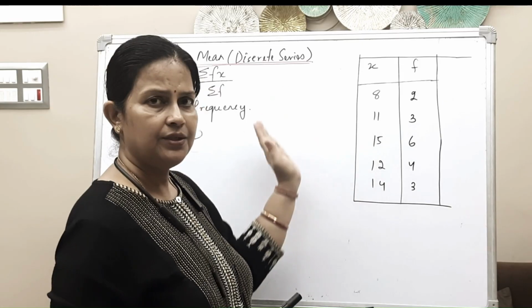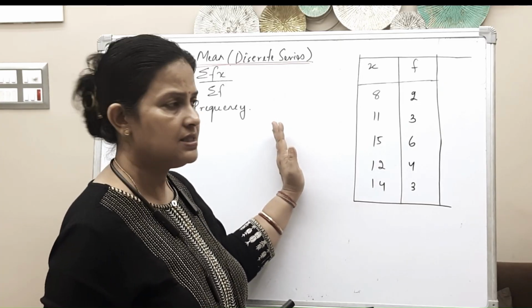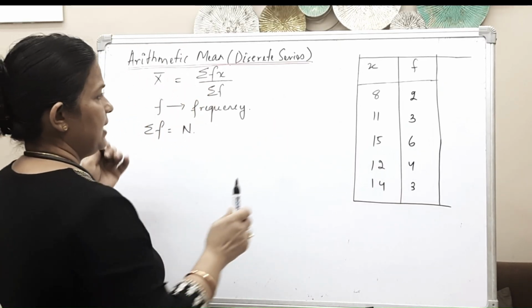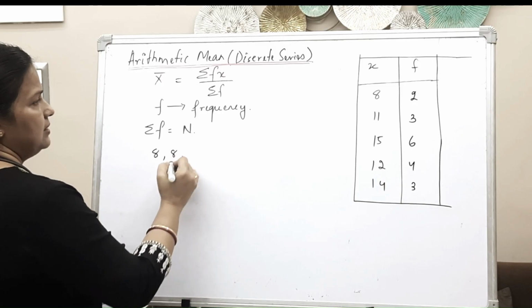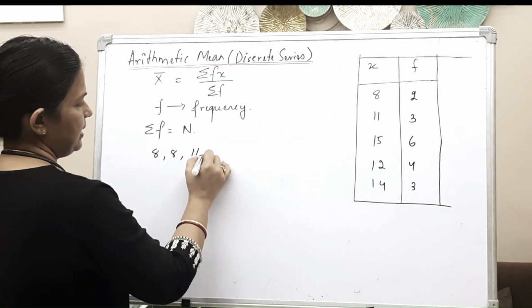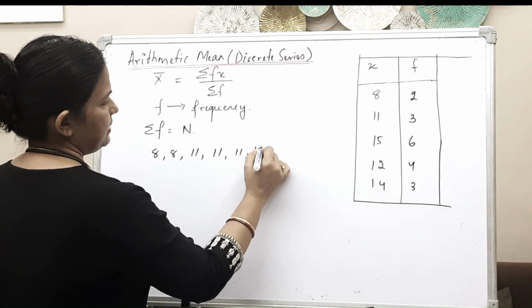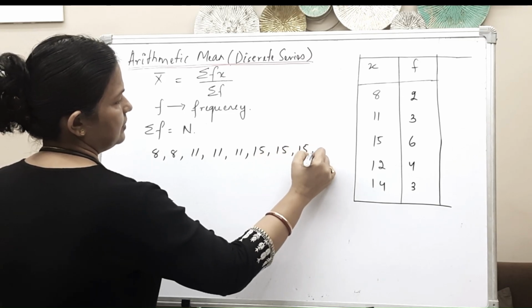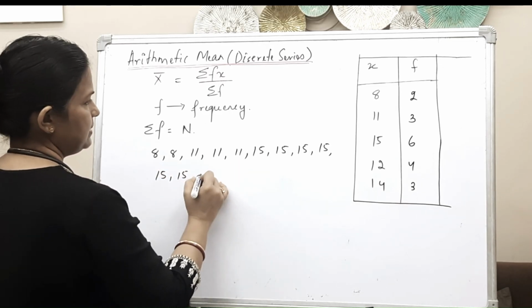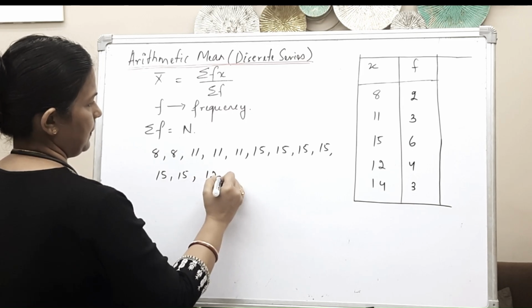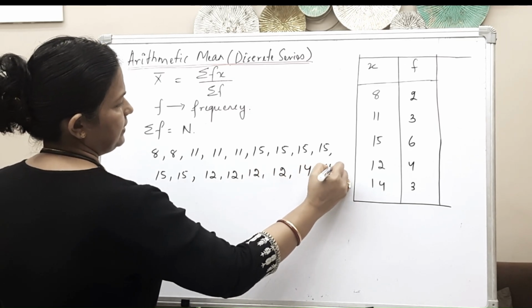We can also convert it to an individual series. How can we convert it? 8 is repeated 2 times, so I can write 8 8. 11 is repeated 3 times, so I can write 11 like this. 15 is repeated 6 times, I can write 15 like this. 12 is repeated 4 times. 14 is repeated 3 times.